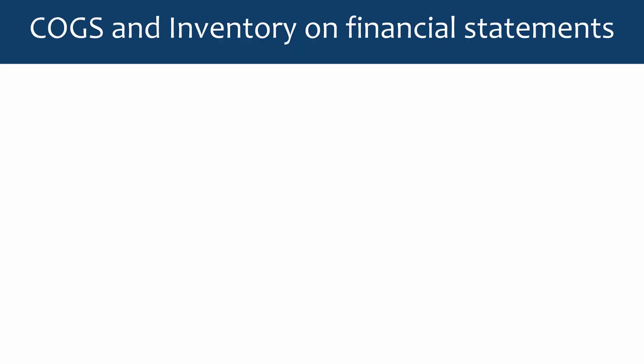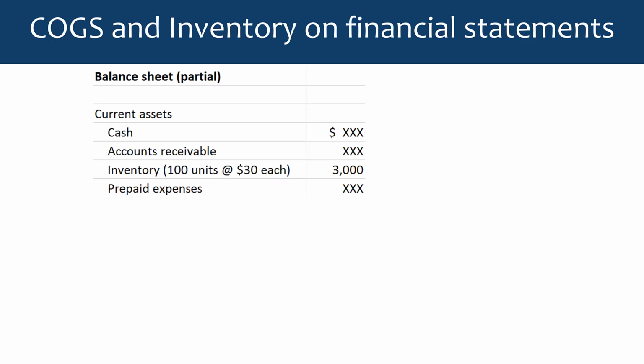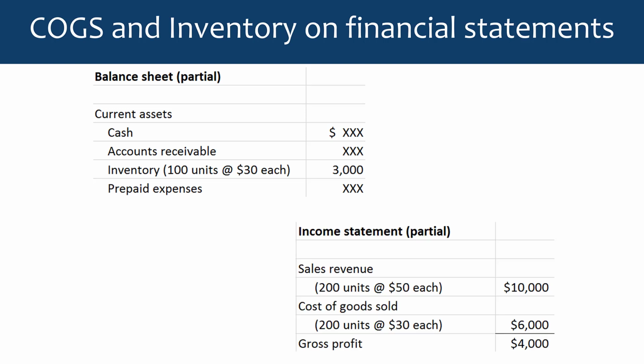So, talking about cost of goods sold and inventory on our financial statements. Cost of goods sold is commonly abbreviated COGS. We will find inventory on the balance sheet valued at its cost. Cost of goods sold is also valued at the cost of the items. On the income statement, we will see sales revenue, which is the selling price.